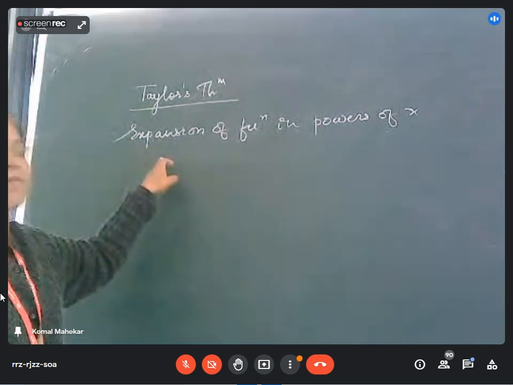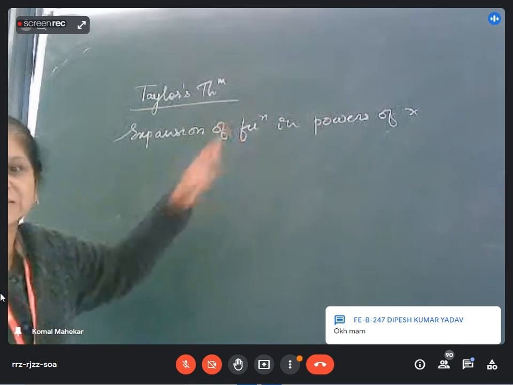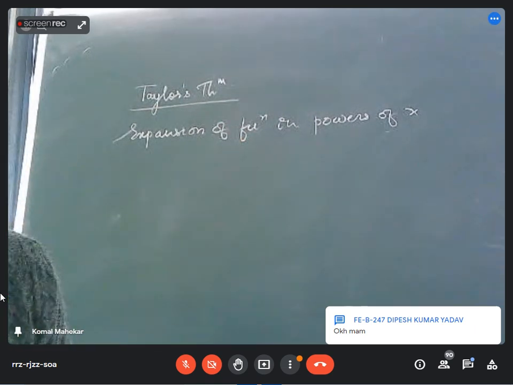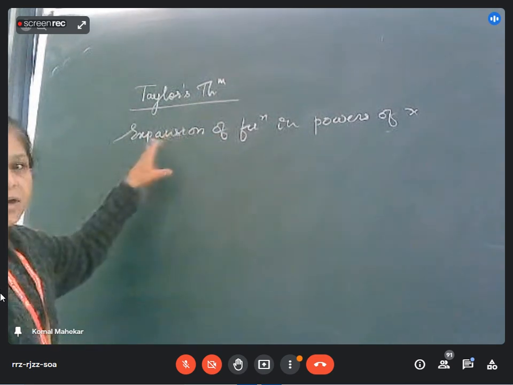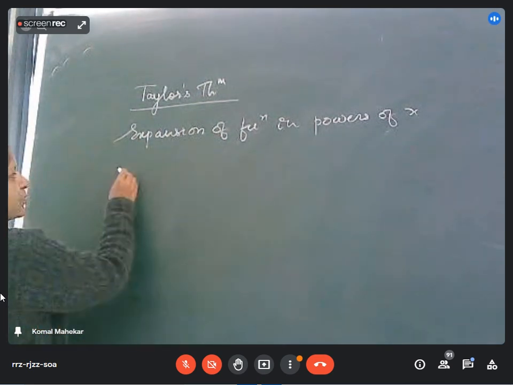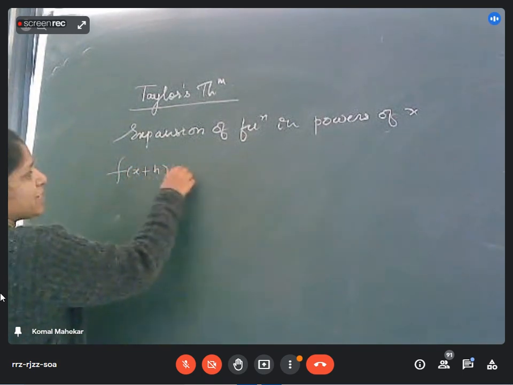So here we have the formula to find out expansion in power of x. According to Taylor's theorem, the expansion of the function is given as f of x plus h.